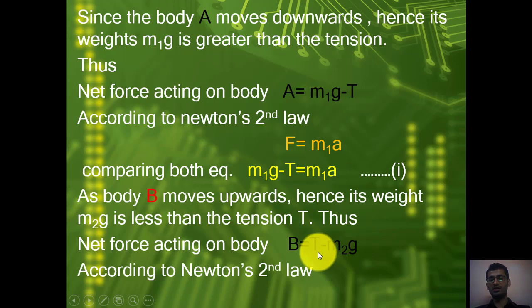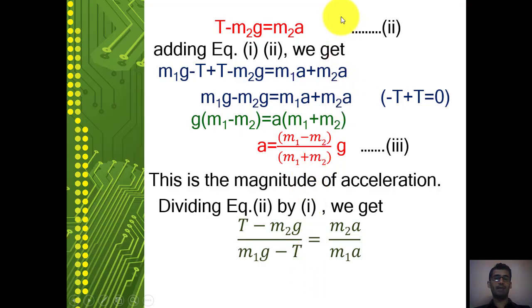This is because in this case, tension in the string is larger than the weight of the object B. But students, according to Newton's second law of motion, F is equal to m into a. So in this case, F is equal to m2 into a. Comparing those above equations, T minus m2g is equal to m2 into a. This is equation number 2.